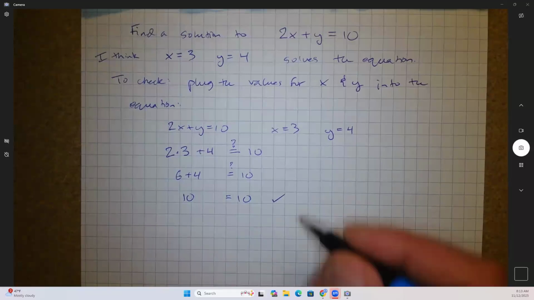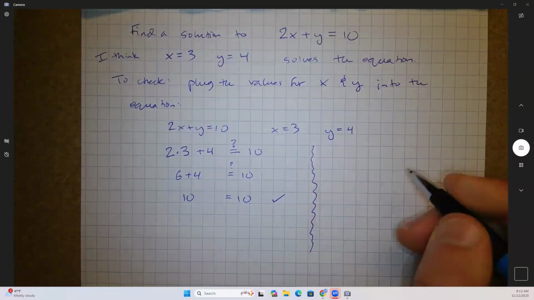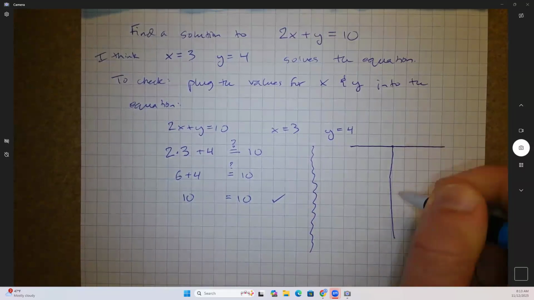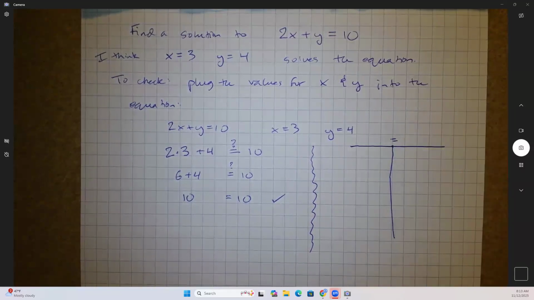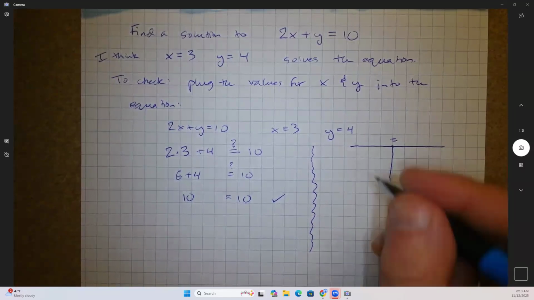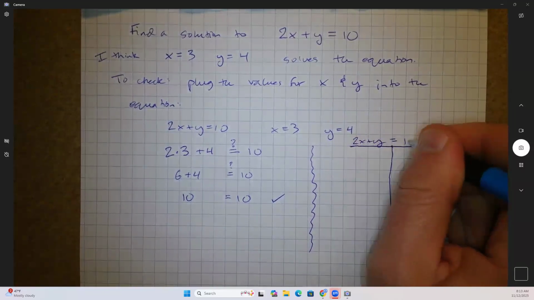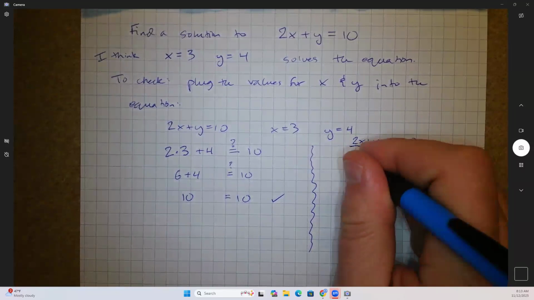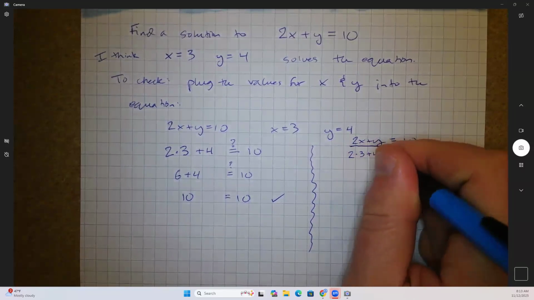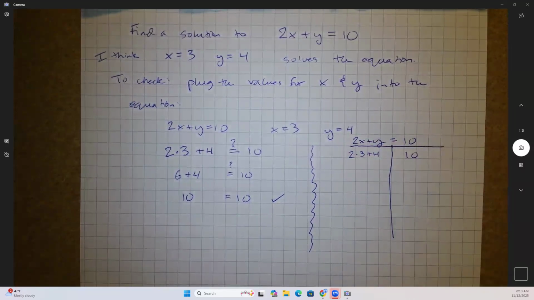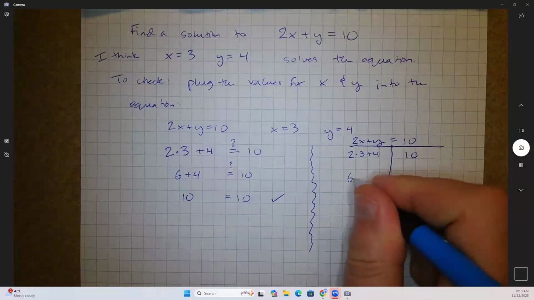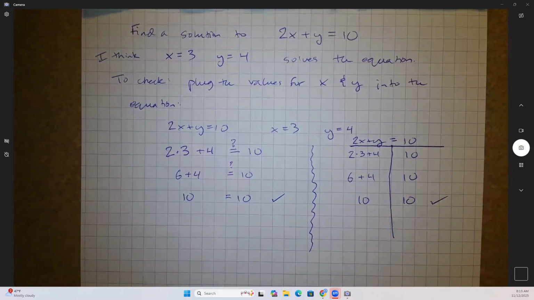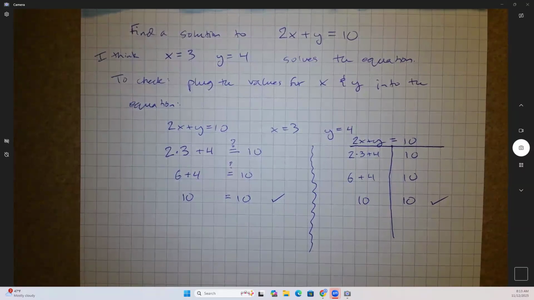Another way I like to organize my work is to make a table where the equal sign goes down the middle. And so I know I need 2x plus y equals 10. And now I'm going to put in my x and my y. And so I have 2 times 3 plus 4 on that side, and I have 10 on this side. And then I'm just going to work down each side of it until I figure out that the numbers are the same or the numbers are different.